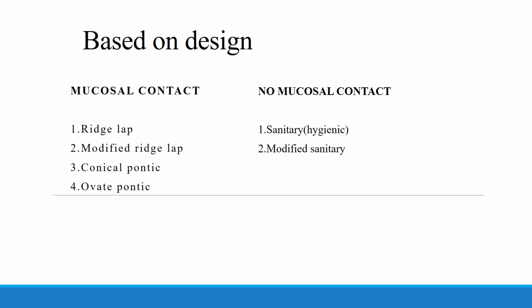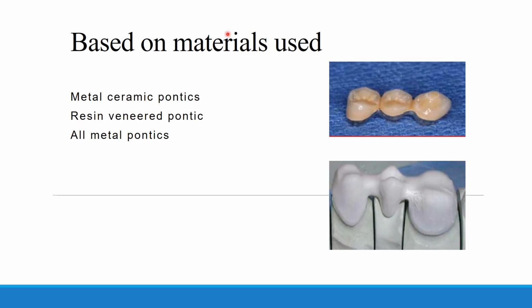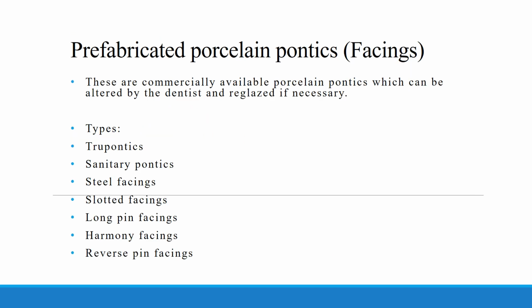Depending on the design, there is mucosal contact and no mucosal contact. There's ridge lap, modified ridge lap, conical, ovate, sanitary, and modified sanitary. Based on materials used, there are metal, ceramic, resin veneered, and all metal pontics. You can see the photos.